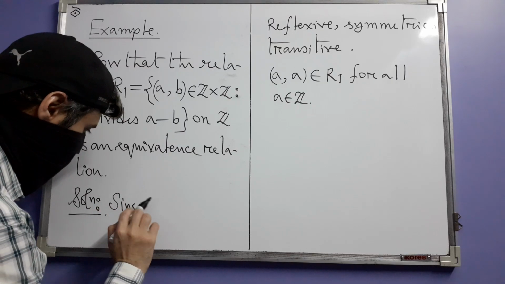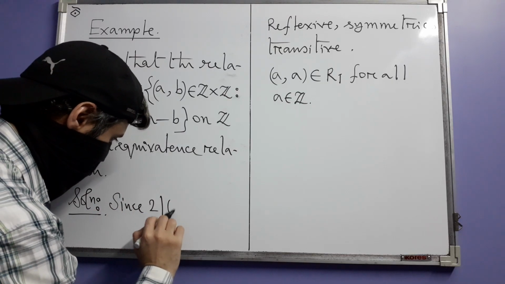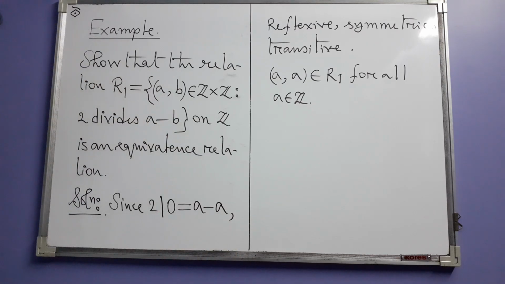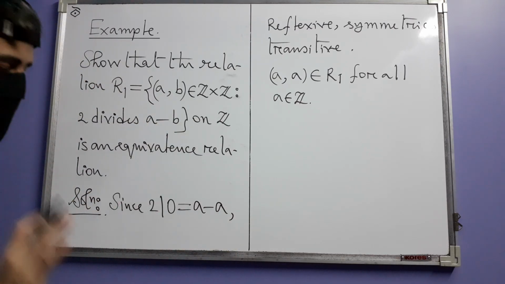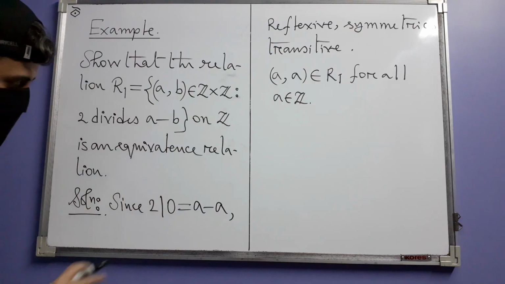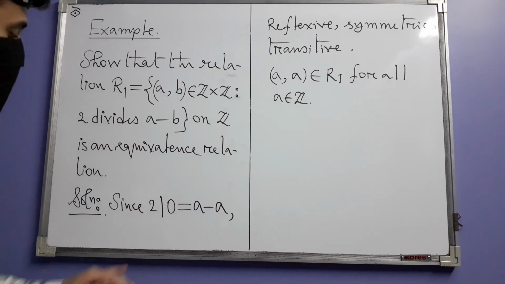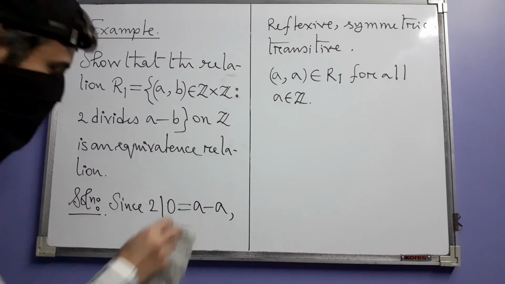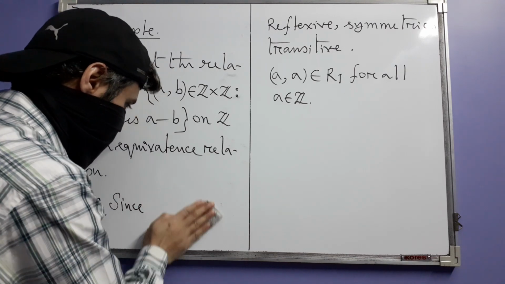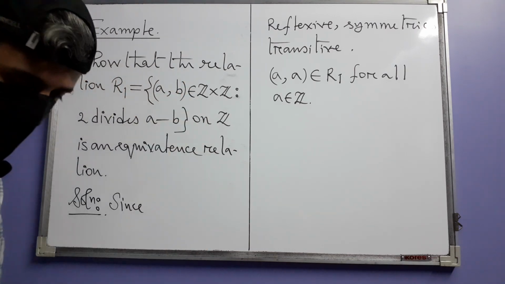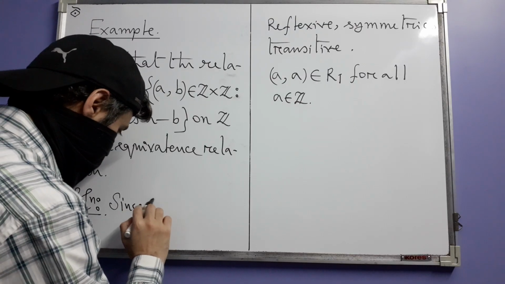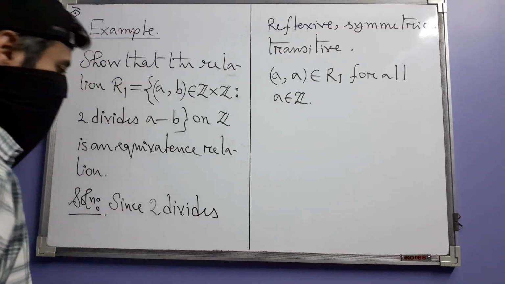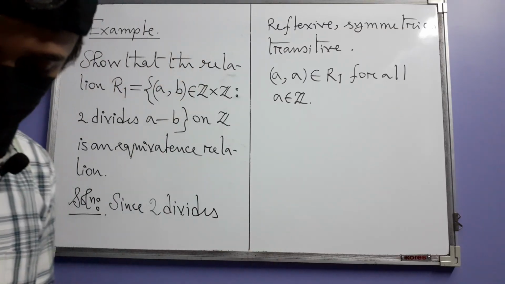Since 2 divides 0 and 0 is a minus a, for any integer a minus a is equal to 0 and obviously 2 divides it. Oh, I forgot to tell you, I cannot use that notation. I have to write: since 2 divides a minus b.